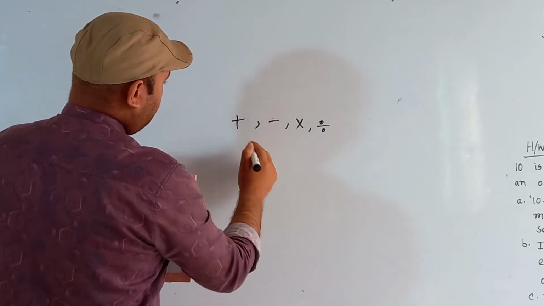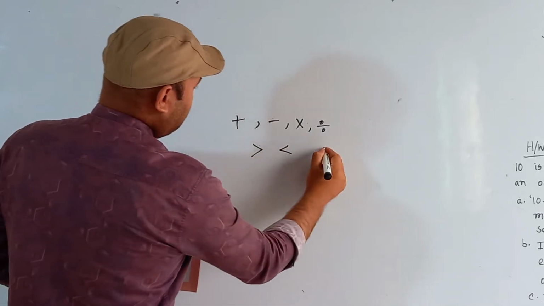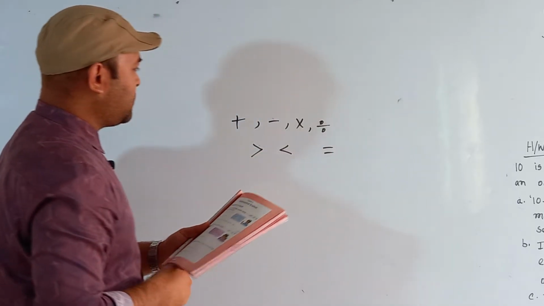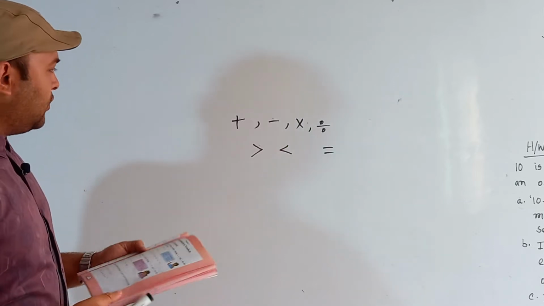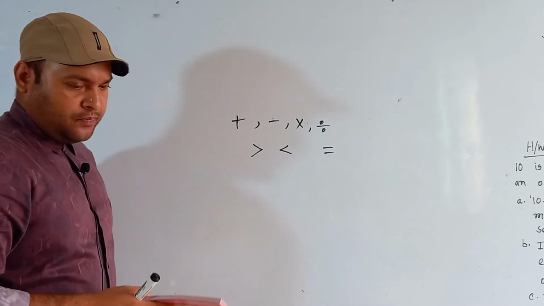And here this is greater than or this is less than sign, this is equal symbol. So these are the operators of mathematical equations.